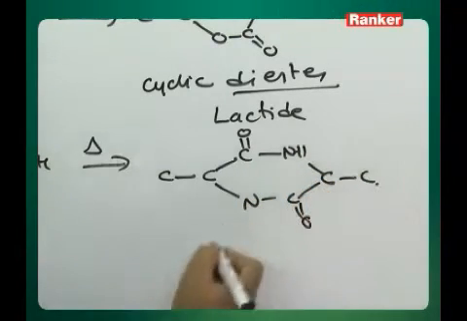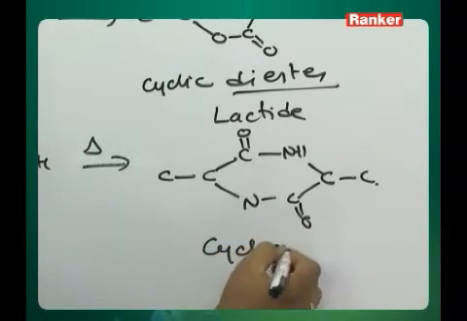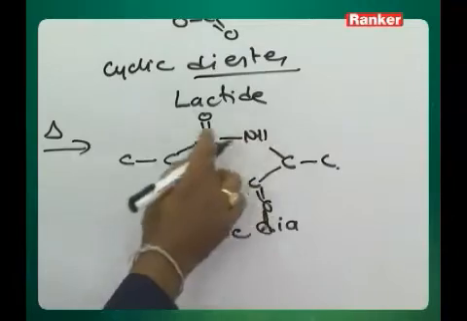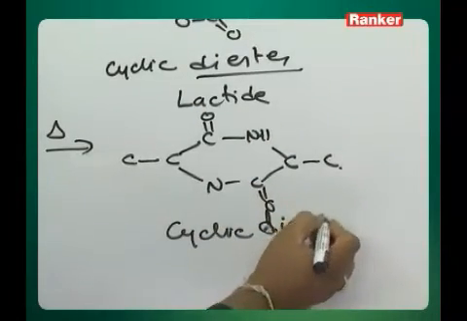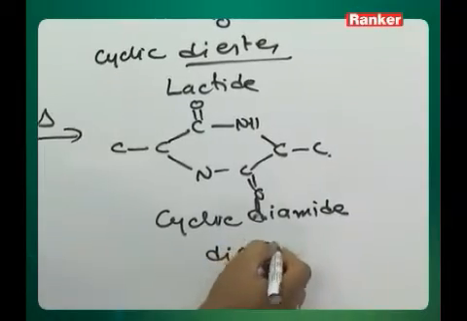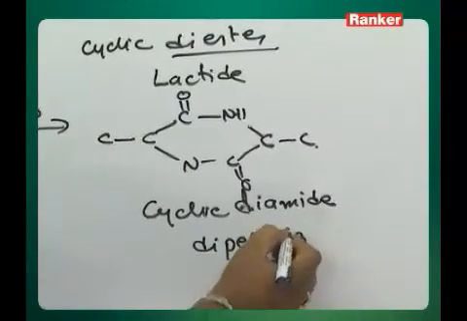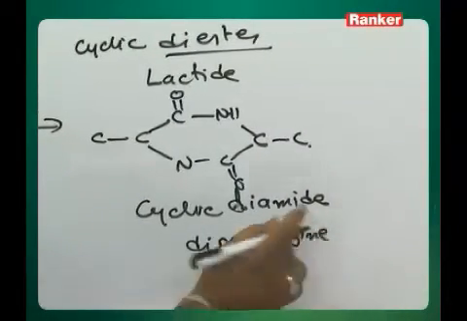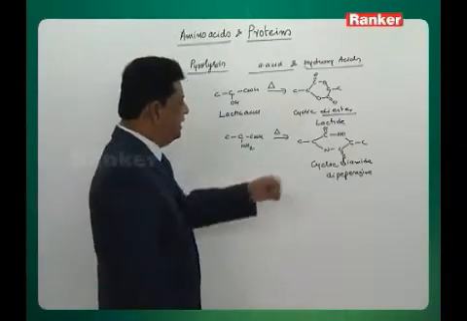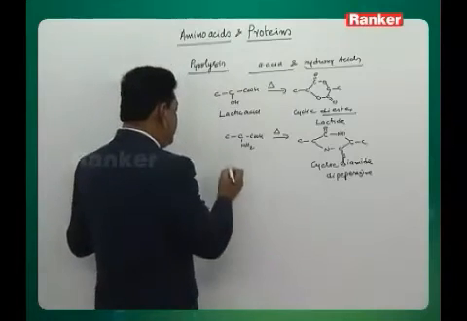This is a cyclic diamide, a cyclic ring. It is NHCO, meaning amide. Cyclic diamides are called diketopiperazines. So in the first case we call it lactide, here it is called diketopiperazine.